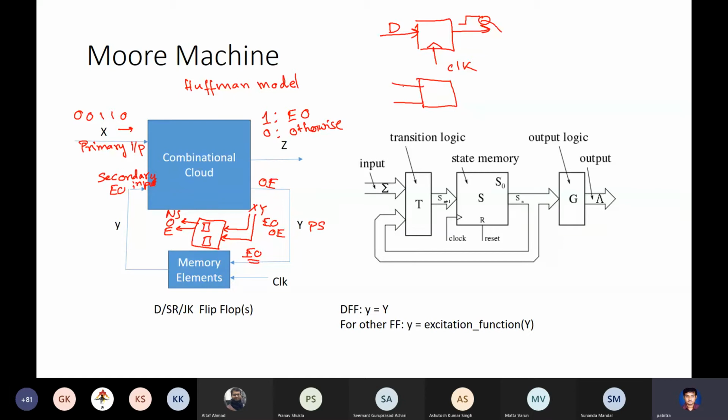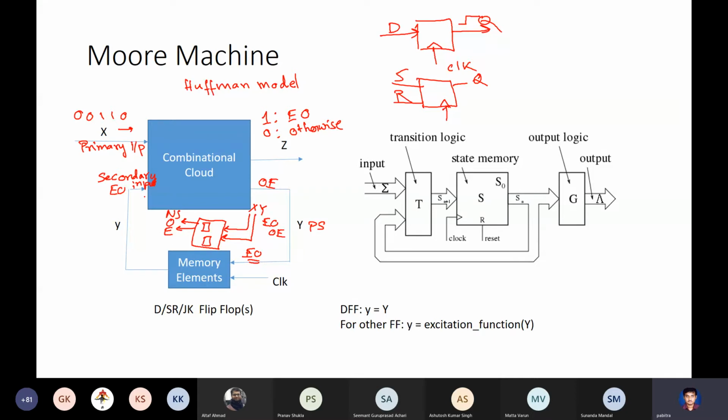For example, you can have an SR flip-flop. What value is held depends on the combination of S and R. Suppose your present state is OE, and I want to hold that value till the next transition.